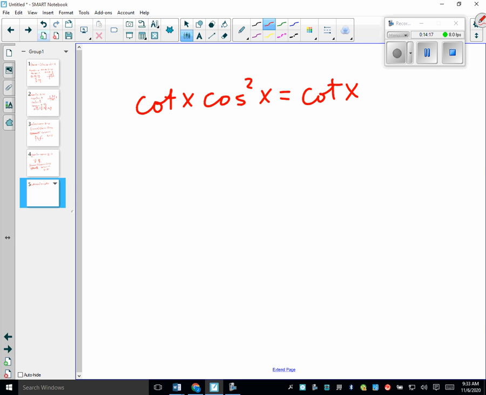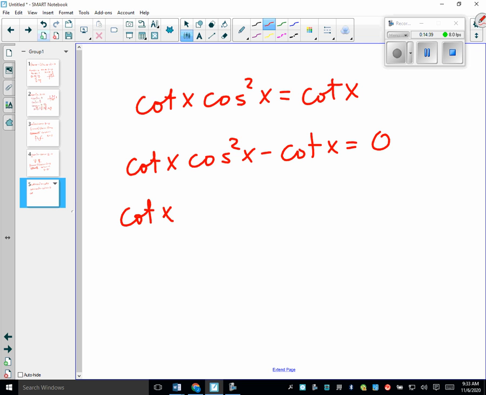You can, but you don't need to. So can I say cotangent x cosine squared x minus cotangent of x equals 0? Now can I pull out a cotangent of x? So cotangent of x times cosine squared x minus 1 equals 0.